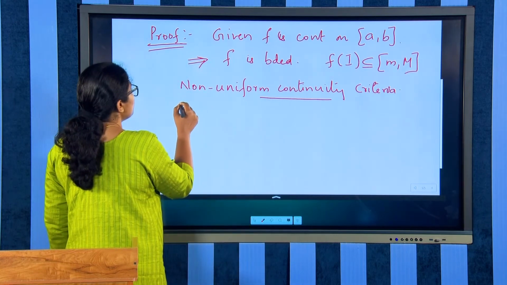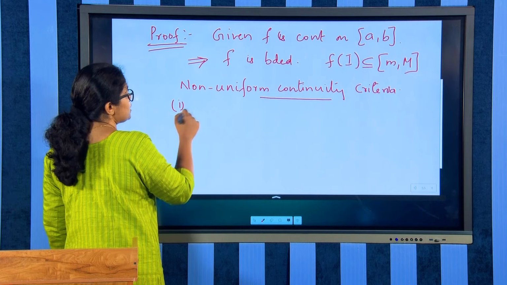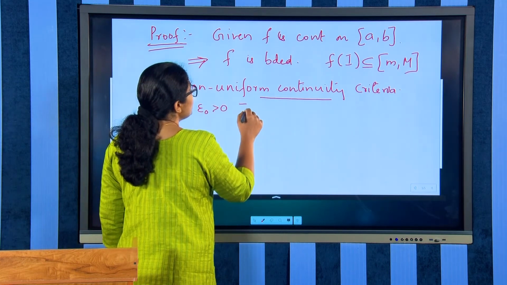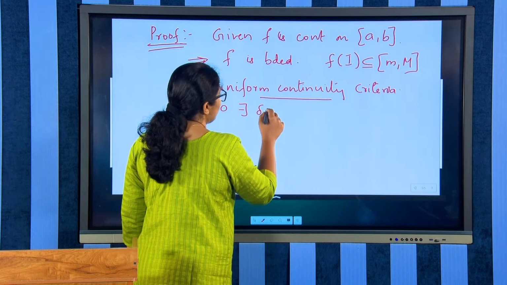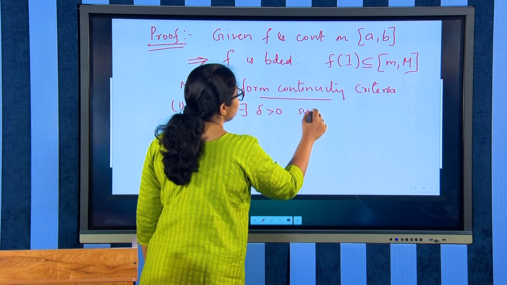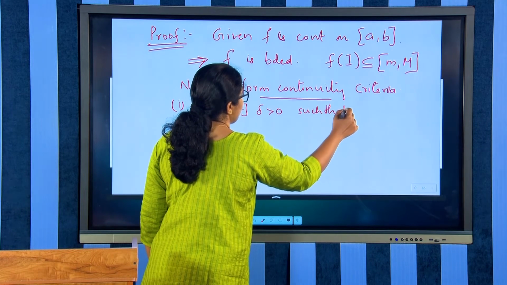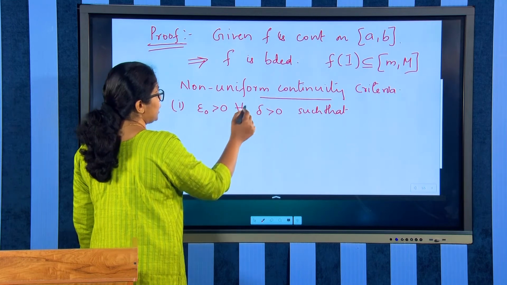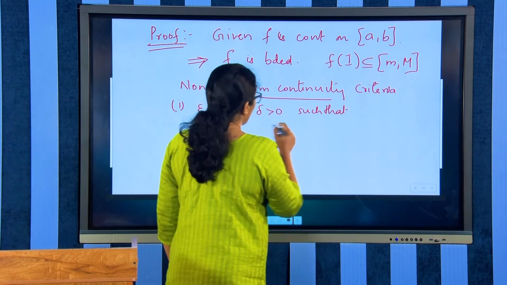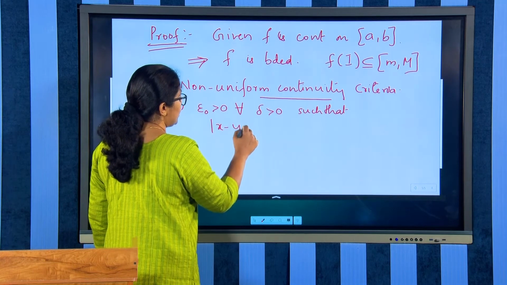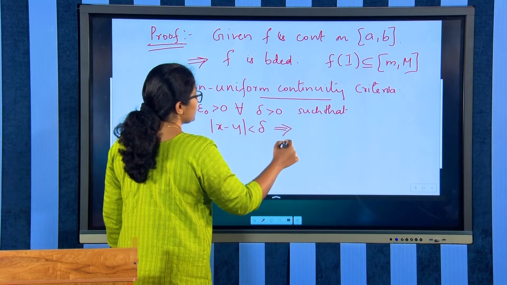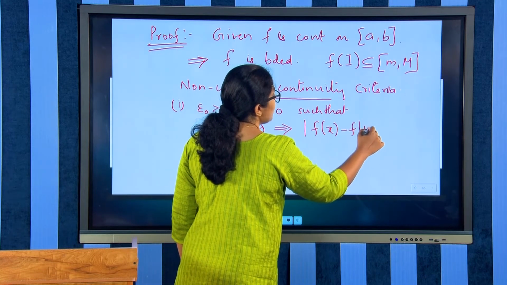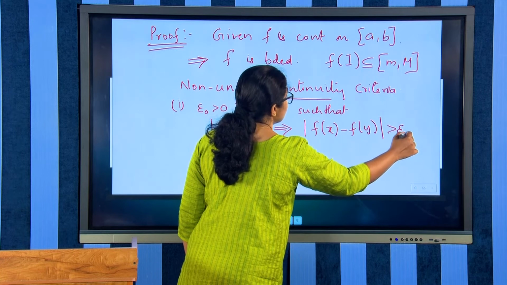So, the non-uniform continuity criteria says that there exists an epsilon naught greater than 0 such that for every delta greater than 0, that is the exact negation, modulus of x minus y less than delta does not force modulus of f of x minus f of y to be less than epsilon naught.